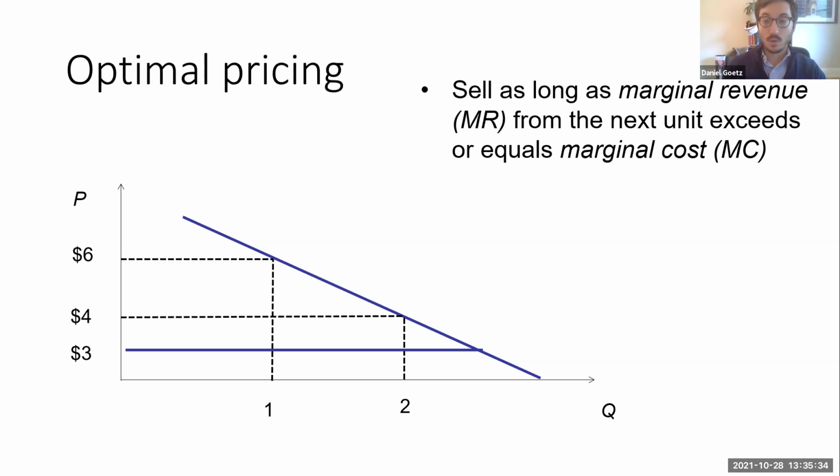So here, we basically have two options for prices. We could either price at $6 and sell just to consumer A, or we could price at $4 and sell to both consumer A and B, right?